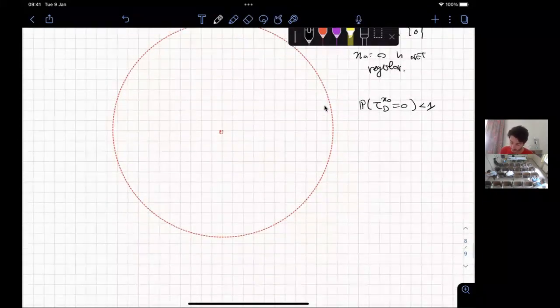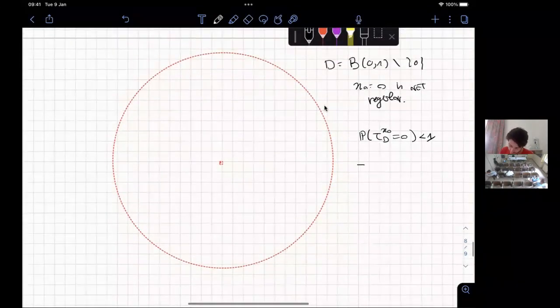What is T_D x0? It is the first positive time such that the Brownian motion starting from x0 hits the boundary.